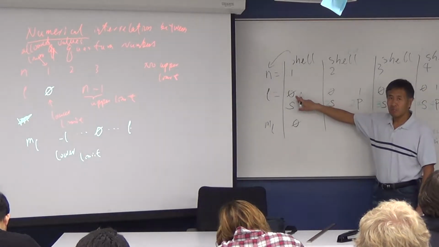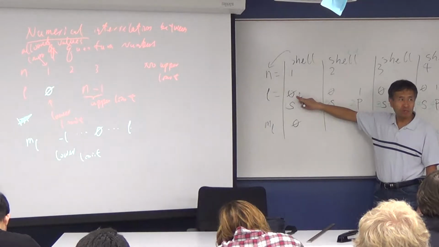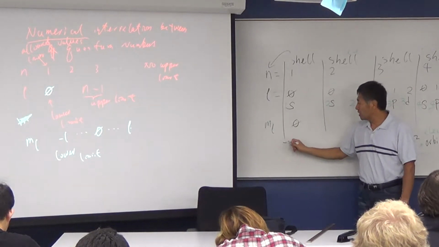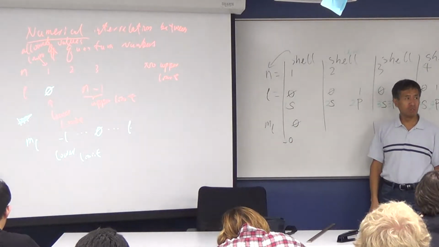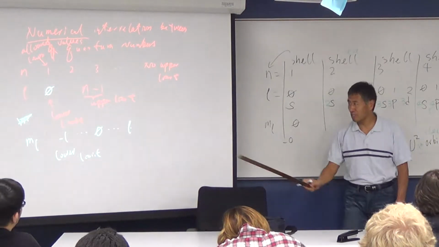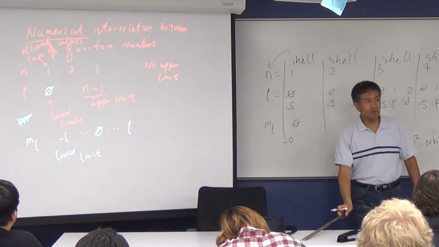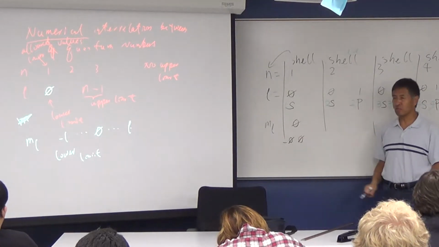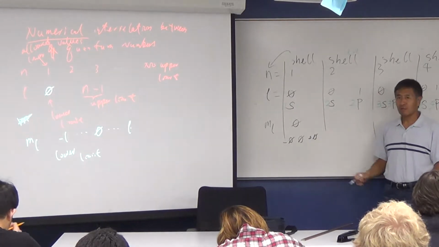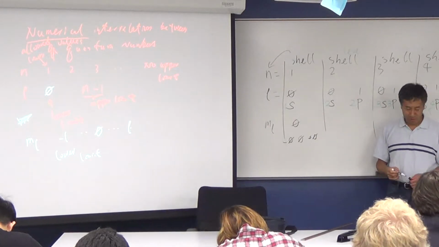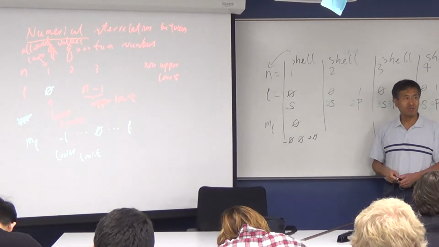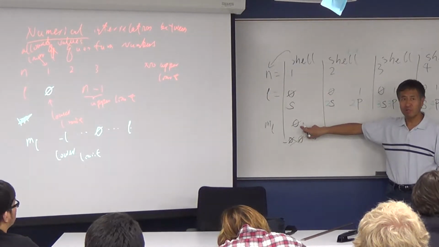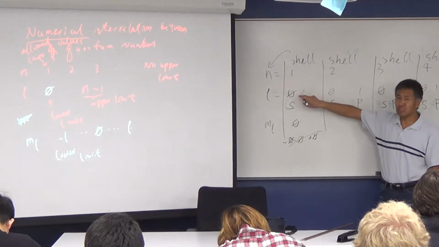Because here you have one number for L, and the number you have for L is 0. If you put it into that formula, you get a negative 0. So the formula tells you start from negative L. If your L is 0, you have negative 0. You're always including 0, so 0, 0, then positive 0. And obviously there's only one 0. No matter if positive or negative 0, you just have 0. So therefore there's only one number for ML if your L is 0.